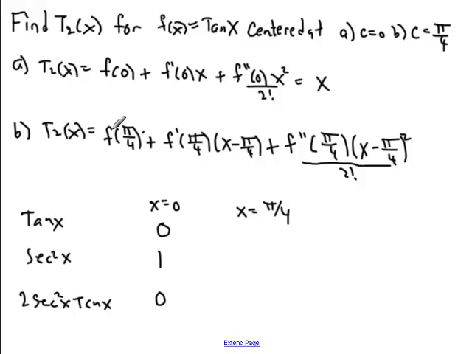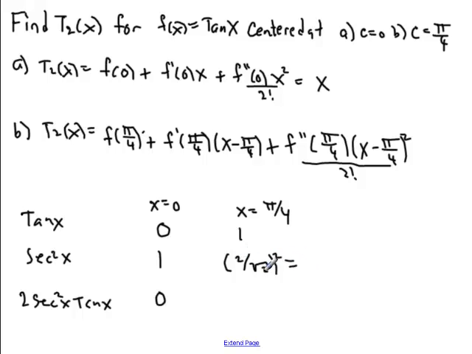Now, for t2 of x centered at pi over 4, we're going to have to compute that as well. If x is pi over 4, the tangent of pi over 4 is 1. The secant of pi over 4, the cosine of pi over 4 is root 2 over 2. So this is going to be 2 over root 2 squared.